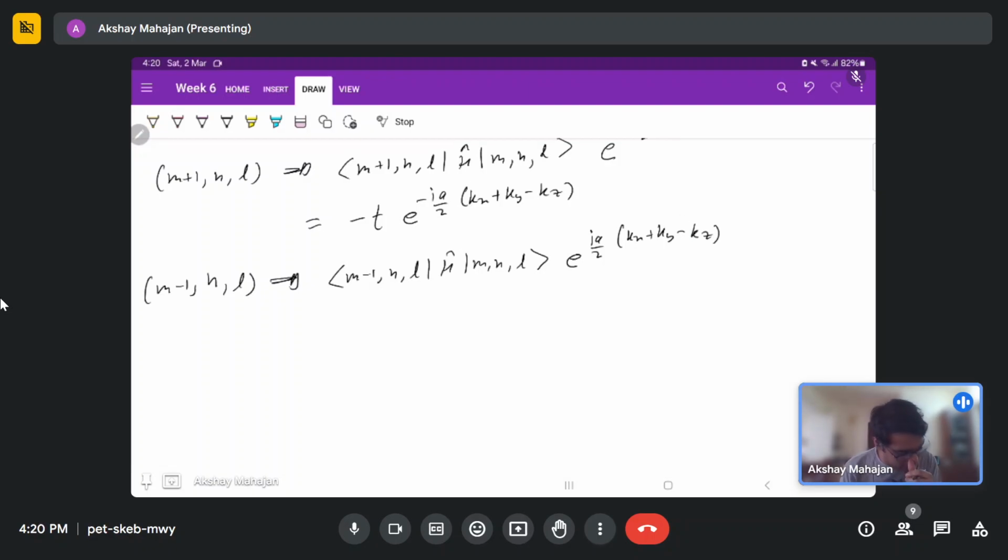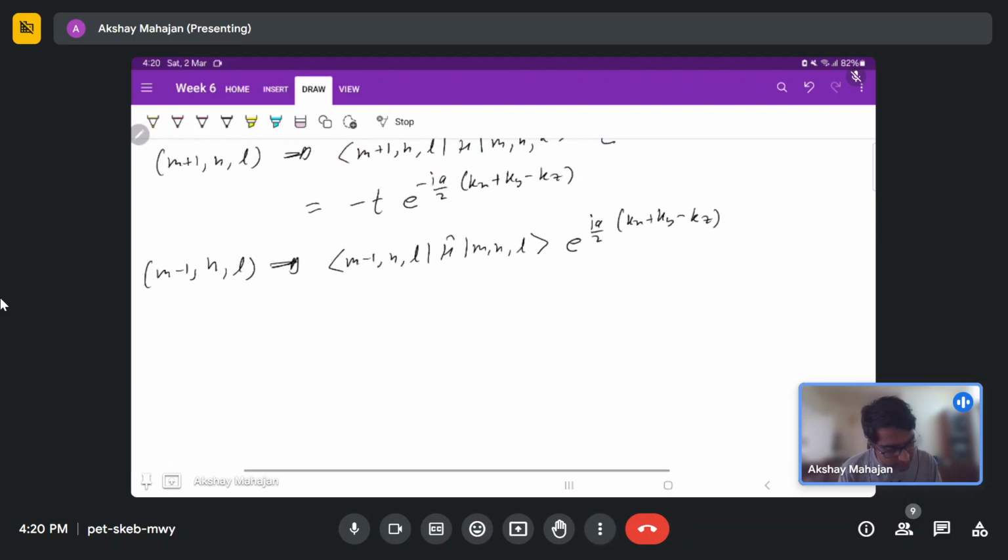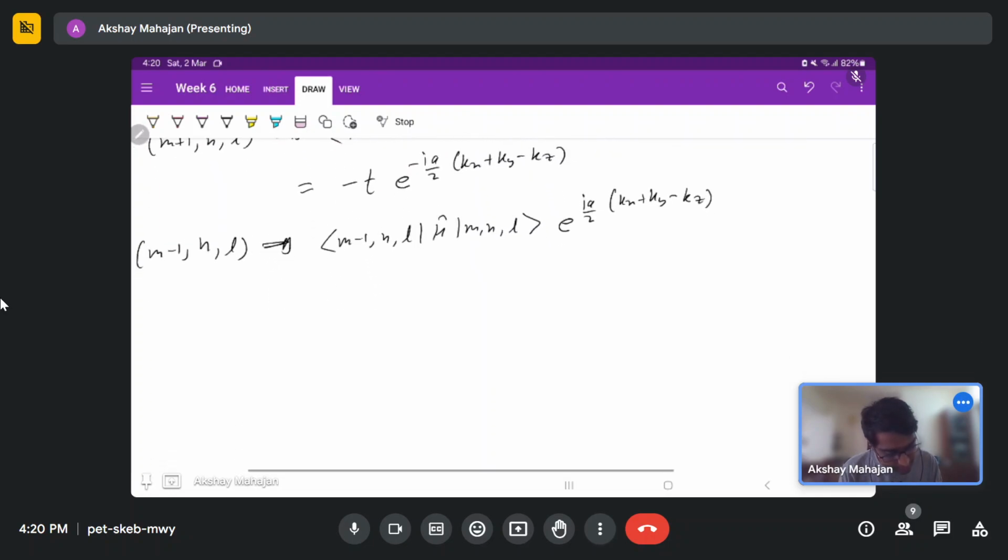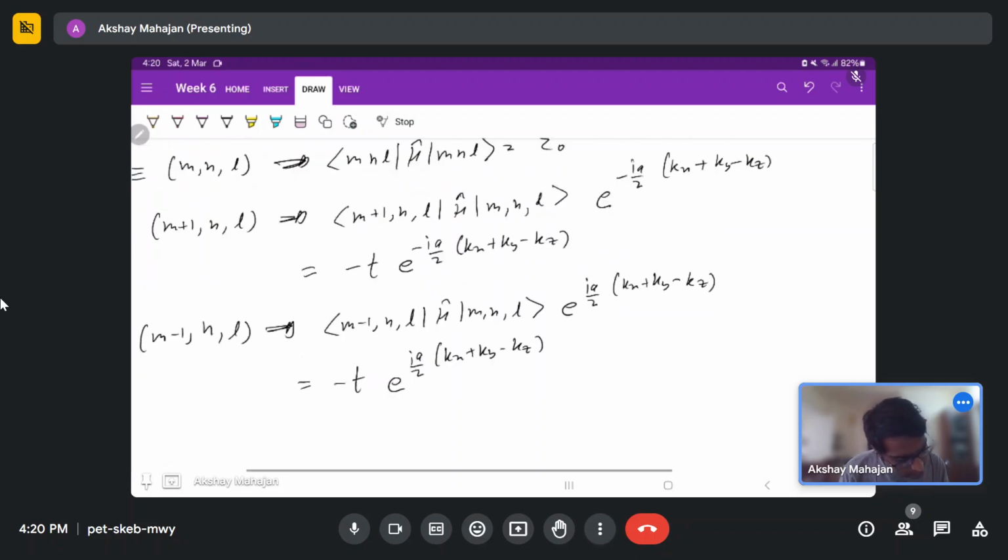Okay, the ones with n and l will cancel, and now instead of minus iota we will just have a plus iota here, and this will be written as minus t e to the power iota a by 2 kx plus ky minus kz. Right.